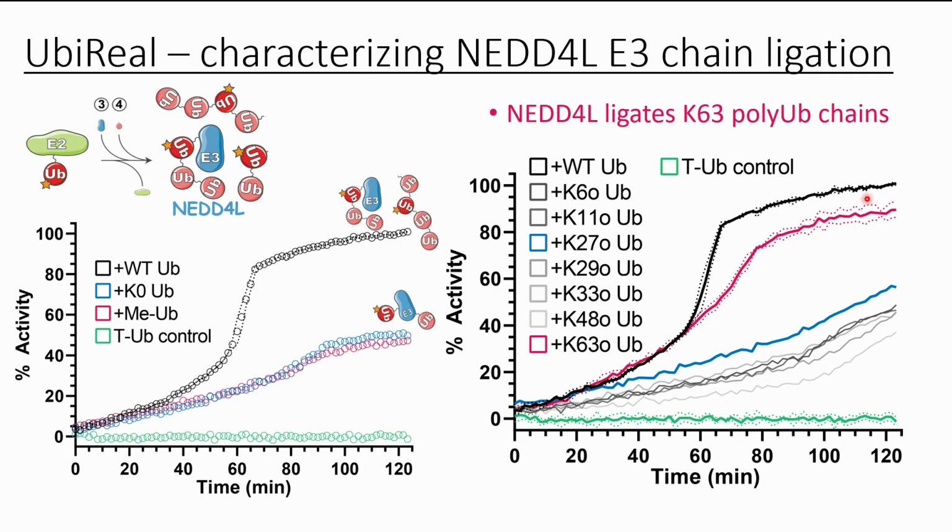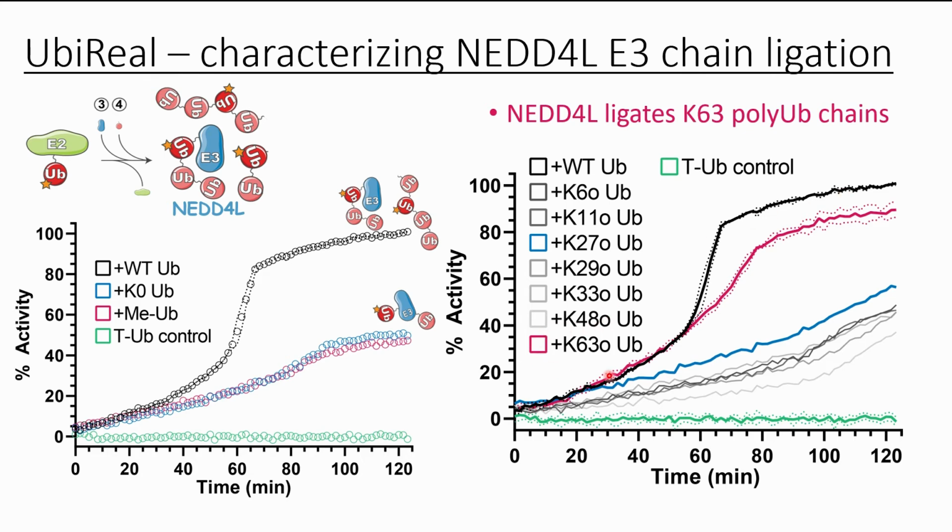we get this graph over here, which was pretty exciting, because what it showed was that, as we had thought, K63 only ubiquitin would be the only one that could support the same sort of ubiquitination events as the wild type ubiquitin.